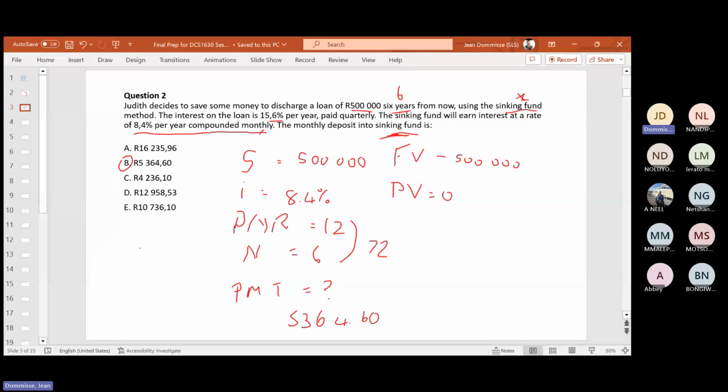They give us information around the loan as well, but then they will normally direct you to what we need to work out. And in this instance, we needed to work out the monthly deposits into the sinking fund.